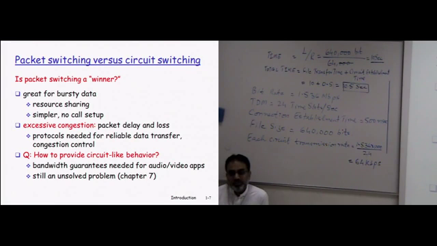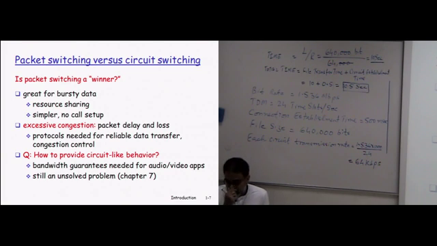But if congestion comes on the internet packet switched network, is that affordable? Definitely congestion will lead to delay. For voice or video applications, you can't afford a jerky video that starts and stops. So it is still an unsolved problem.